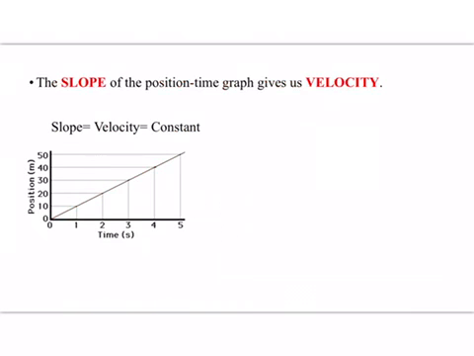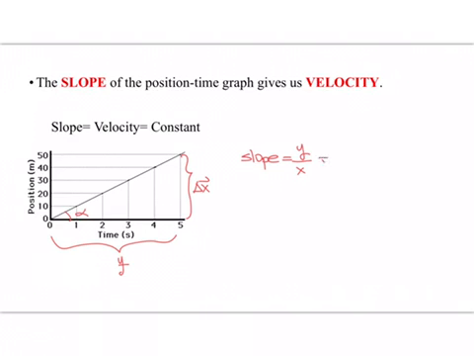The slope of the position-time graph gives us the velocity. Let's say it has an angle of alpha. The slope is equal to the y-axis over the x-axis. The y-axis has the value of displacement and the x-axis has the value of time.